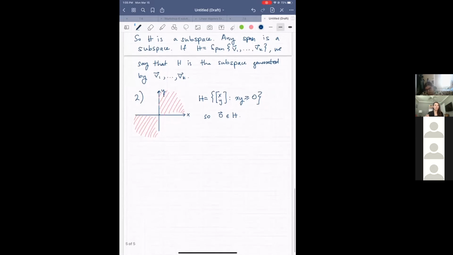But just looking at this graphically, without actually doing any computations, we could see that if we were to take a vector, let me just redraw this so I can have a clean slate. So we know what our subspace is going to be.